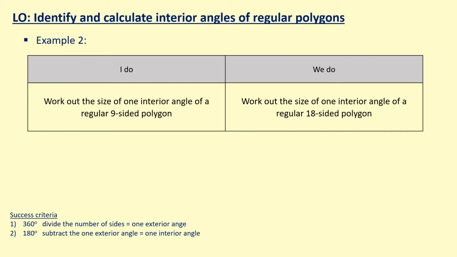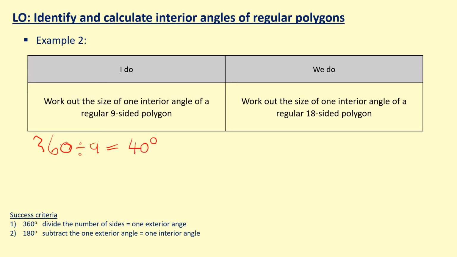Then we have 2 more. We have a 9-sided polygon. So 360 divided by 9 gives me 40 degrees.